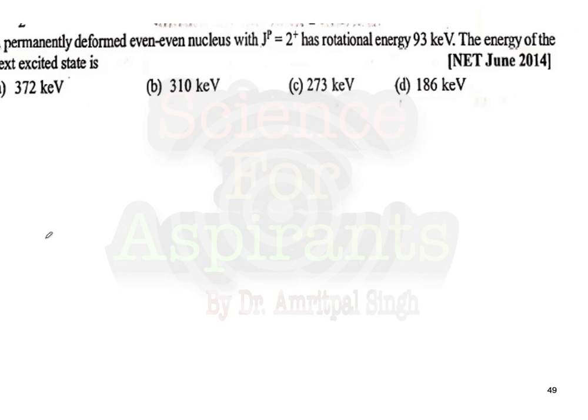We have to find the energy of the excited state. Let me draw here. For the ground state, it is 0 plus. For the first excited state, it is 2 plus.